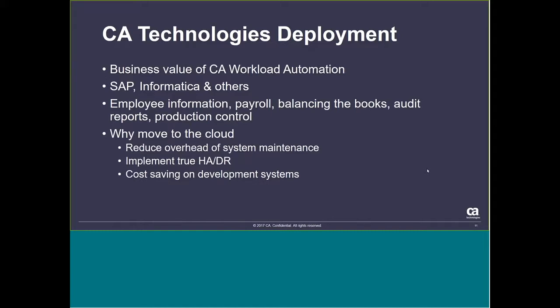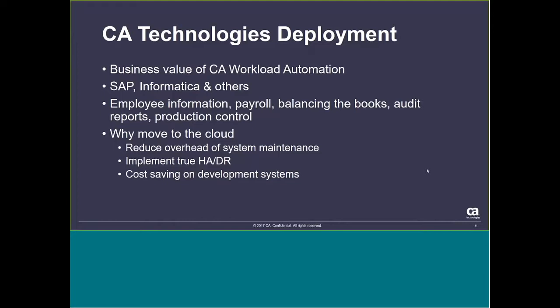And then one of the other reasons that we've considered is cost savings on development systems. Being able to get new applications, new systems for development on demand is difficult when you're doing everything within your data center.